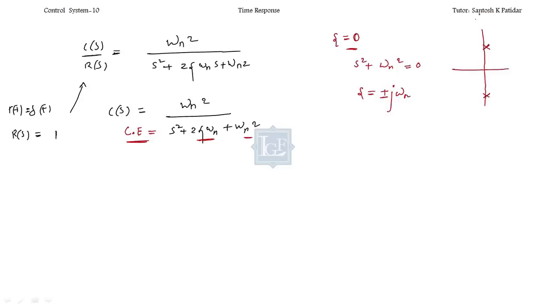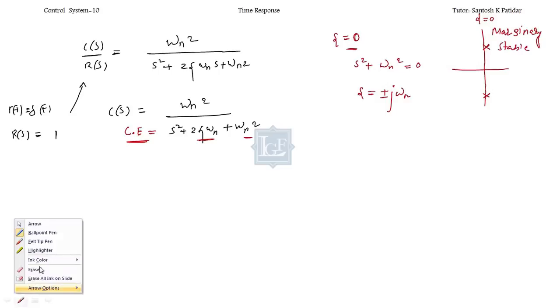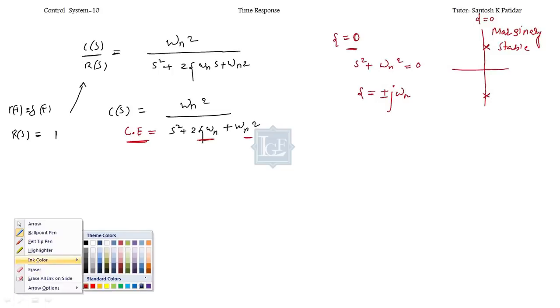We have seen earlier, if your poles lie on the imaginary axis, the system is marginally stable. Marginally stable means it is going to oscillate. It will provide sustained oscillations, correct friends?